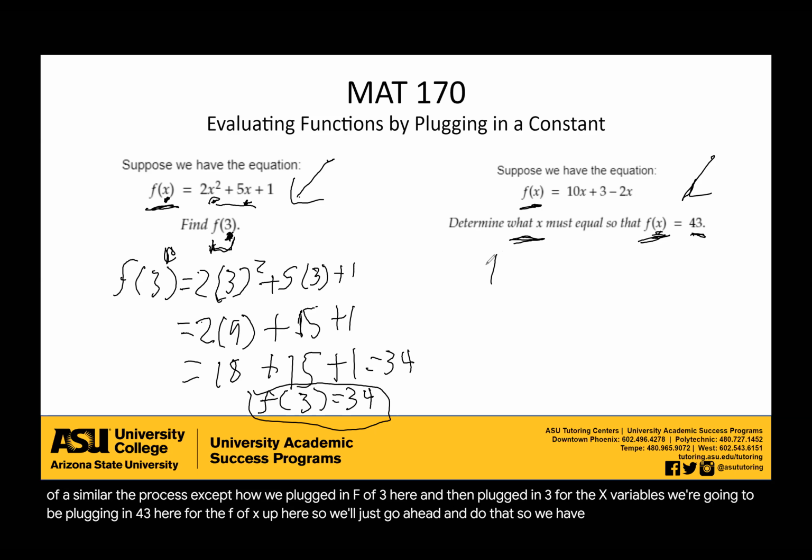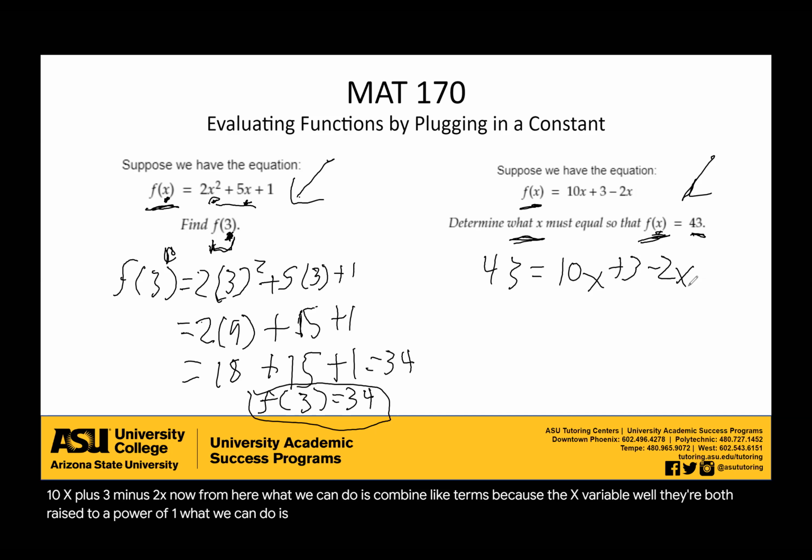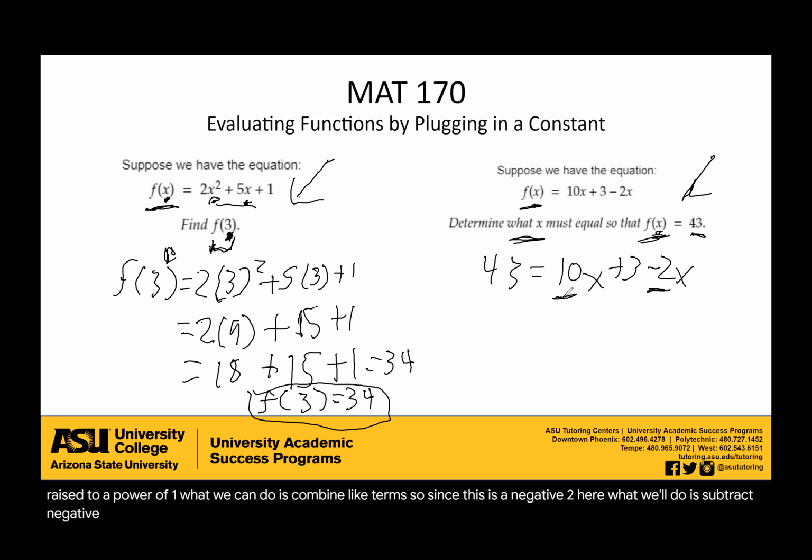So we have 43 equals the equation, 10x plus 3 minus 2x. From here, what we can do is combine like terms, because the x variables are both raised to a power of 1. Since this is a negative 2 here, we'll subtract 2 from 10, which gets us 8.